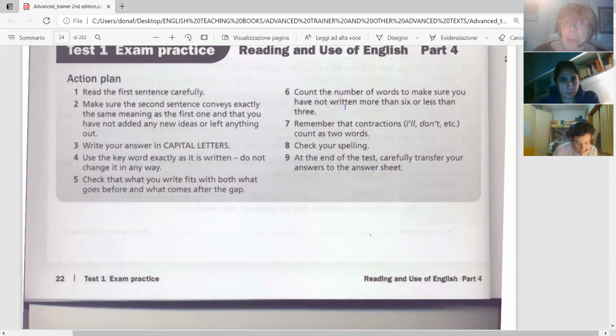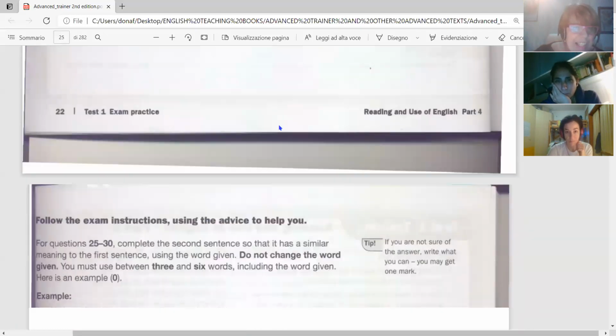And count the number of words to make sure you have not written more than 6 or fewer than 3. So the minimum number of words you have to put in the gap is 3, including the one that they are giving to you, but they must not be more than 6. Remember that contractions count as 2 words. Of course, check your spelling. That's it.